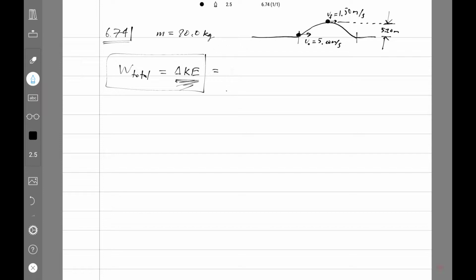So let's do that. The final velocity gives us final kinetic energy. The initial velocity gives us the initial kinetic energy. The mass is 80. So this is 1.5 squared. Here's 5 squared.